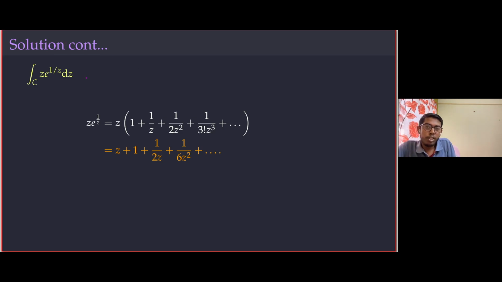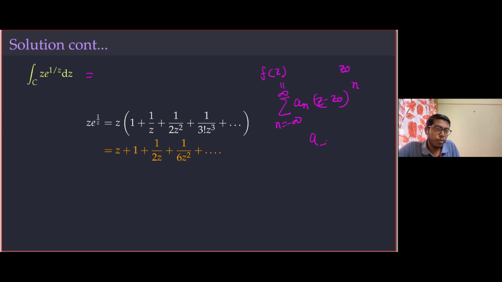If you have f(z) and z naught is an isolated singularity, then we can write the Laurent series of f near z naught. It is the sum of a_n times (z minus z naught) to the power n, where n goes from minus infinity to infinity.